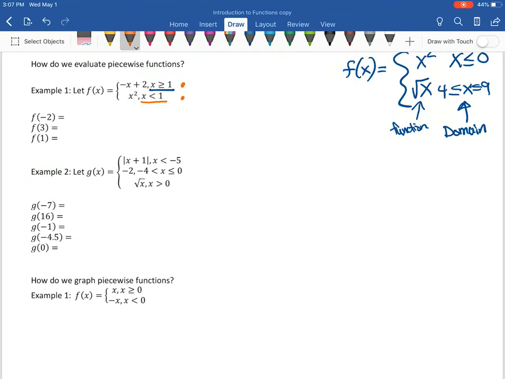Or does it lie on this piece when x is less than 1? Well, since negative 2 is less than 1, it's going to fall on this piece here, which means I'm going to plug negative 2 into x squared. That's going to give me a 4.